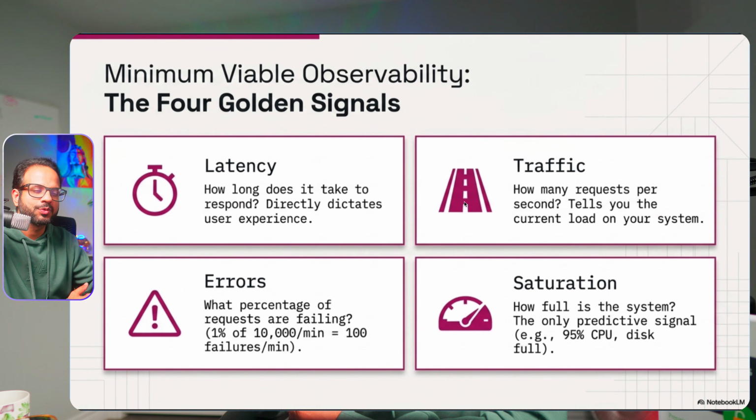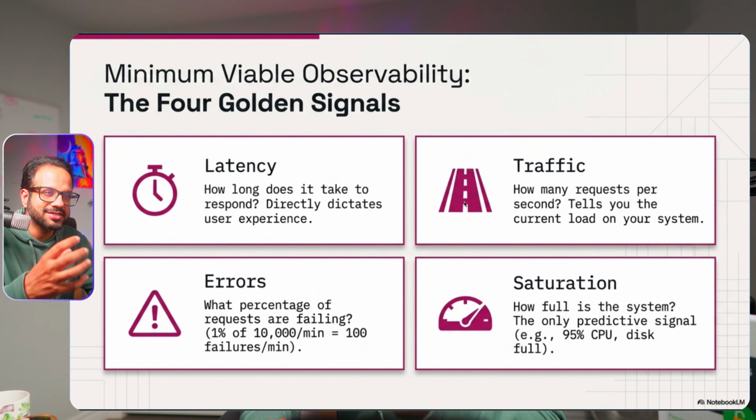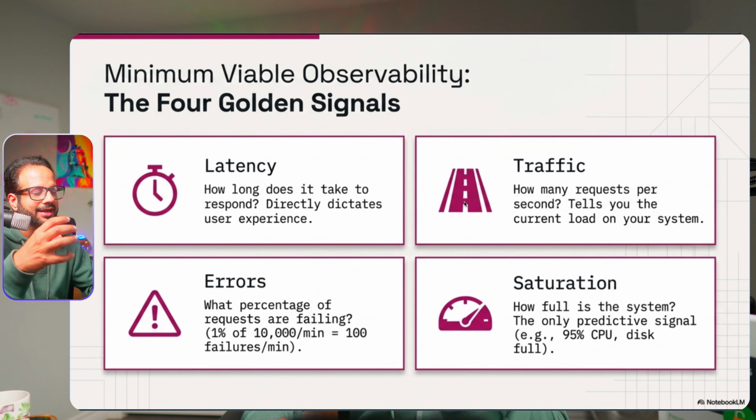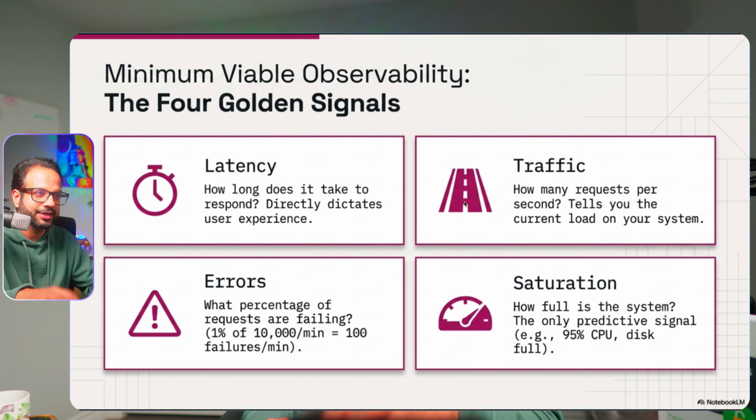What percentage of requests are failing? 1% of 10,000 requests per minute, which is 100 failures per minute, for example. Then we have saturation. That means how full is your system. The only predictive signal, for example, 95% CPU, disk is full, 89% memory, something like that. So you need to understand these 4 golden signals, and this is the minimum for observability to be implemented. You should have these 4 signals.